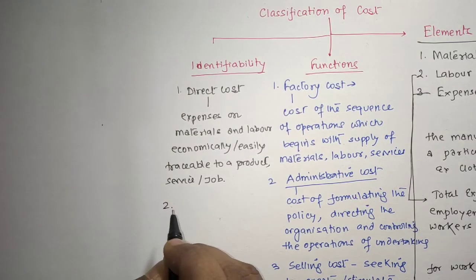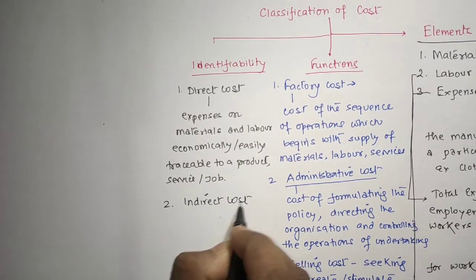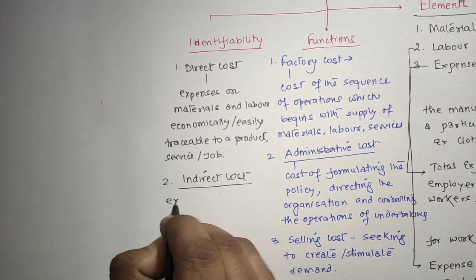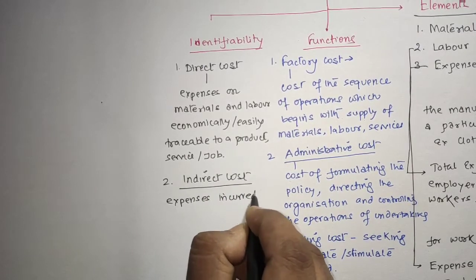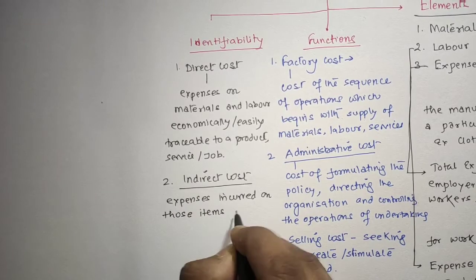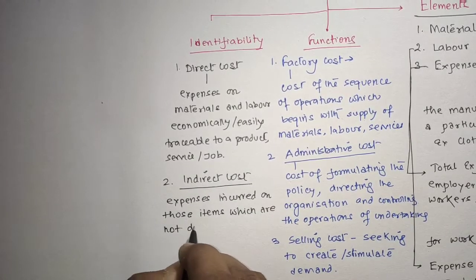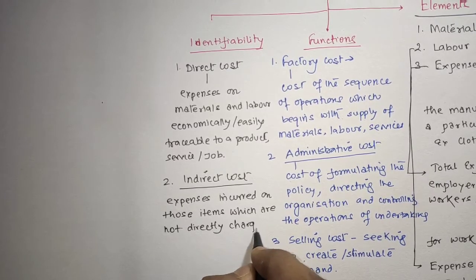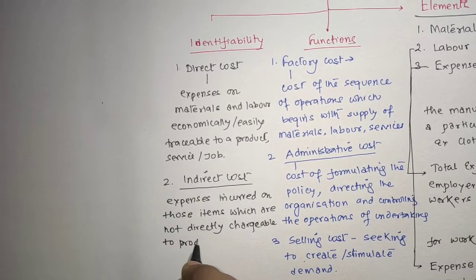Secondly, we have indirect cost. What is indirect cost? This is the expense incurred on those items which are not directly chargeable to production.